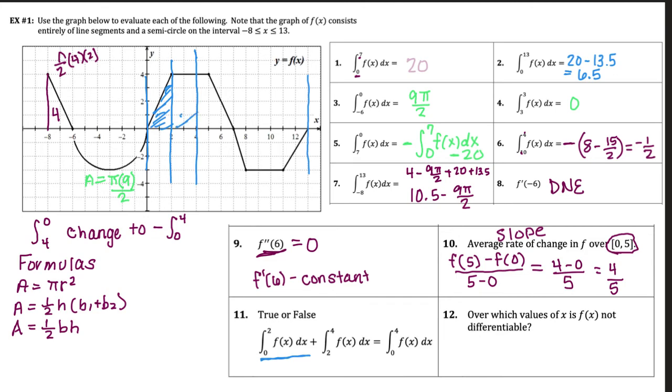So then I'm adding to it this area. And it wants to know, is that the same thing as just bounding the area from 0 to 4? Well, yes, it is. This is true. That would be the same thing.